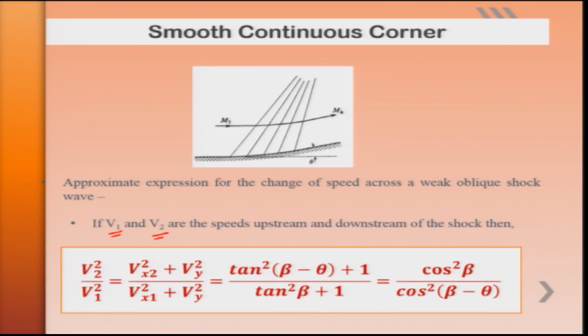V2 square upon V1 square I can write using trigonometry, that is the normal component square plus tangential component square. Since the tangential component remains the same, I can write Vx2 square plus Vy square upon Vx1 square plus Vy square, and this gives me tan square (beta minus theta) plus 1 upon tan square beta plus 1, because I am replacing this with Vx2 square and Vx1 square, and again using trigonometry, I can reduce this to cos square beta upon cos square (beta minus theta).